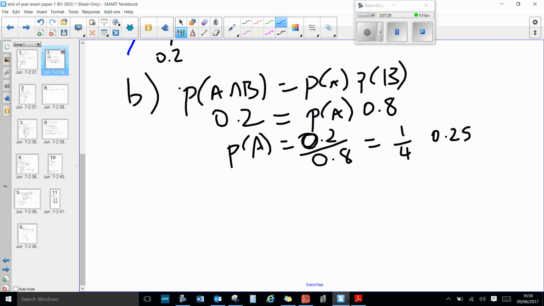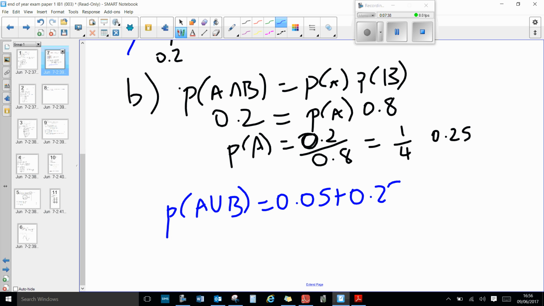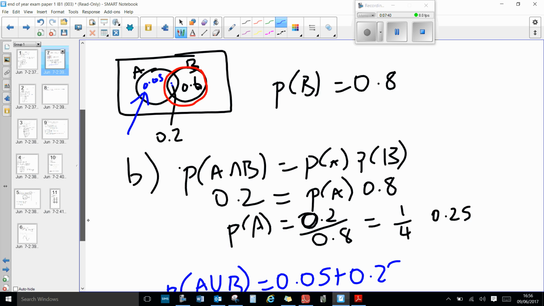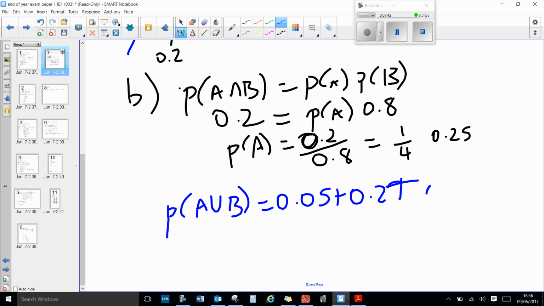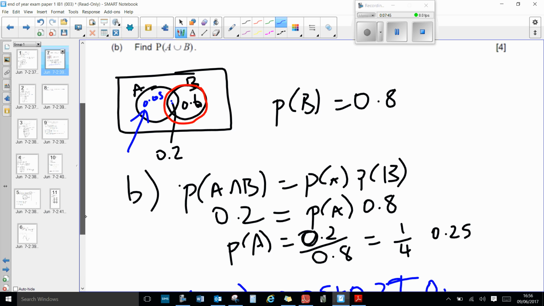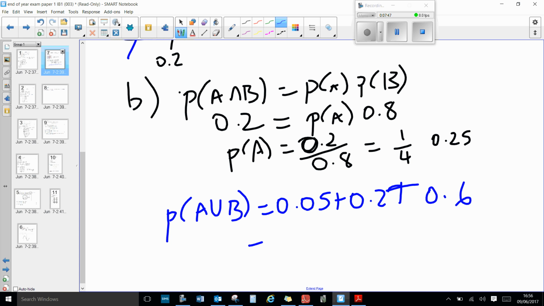So P(A union B) is going to be 0.05 plus 0.2 plus 0.6, which is 0.8.